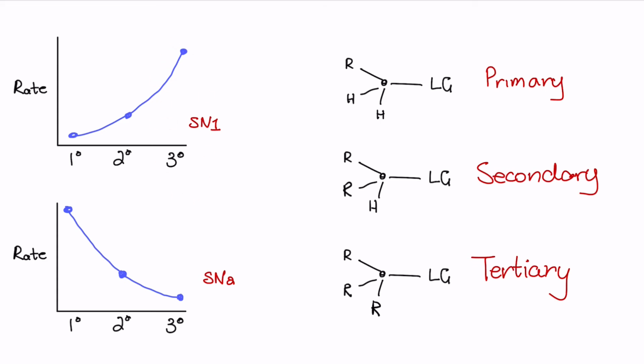So this is one way we can compare and contrast SN1 and SN2 reactions. If it's got a primary carbon, it's typically an SN2 reaction. But if it's got a tertiary carbon, it's typically an SN1 reaction. With secondary carbons though, we see that the rates between SN1 and SN2 are very, very similar because they don't favor one or the other.